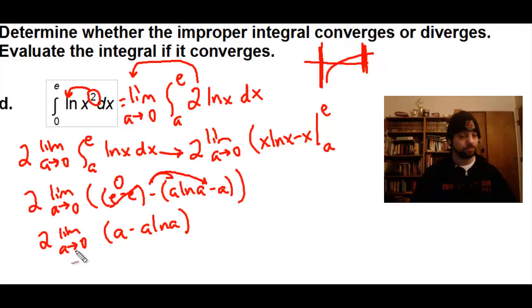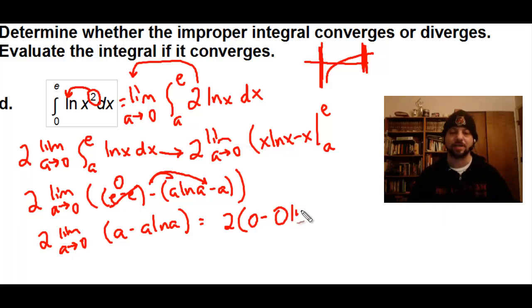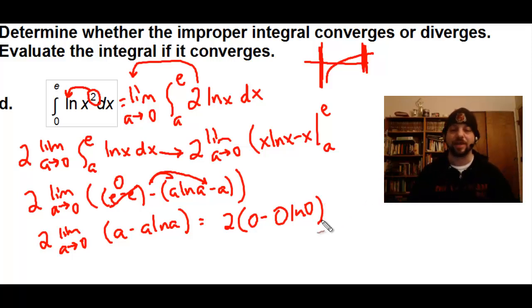All right, well, if I plug 0 in, it's pretty clear to see that I'll just start with the 0. But when I plug 0 in here, I'm going to write this, but understand that this is not formally correct. I'll have 0 times the natural log of 0. Now, the natural log of 0, I can't really evaluate that.